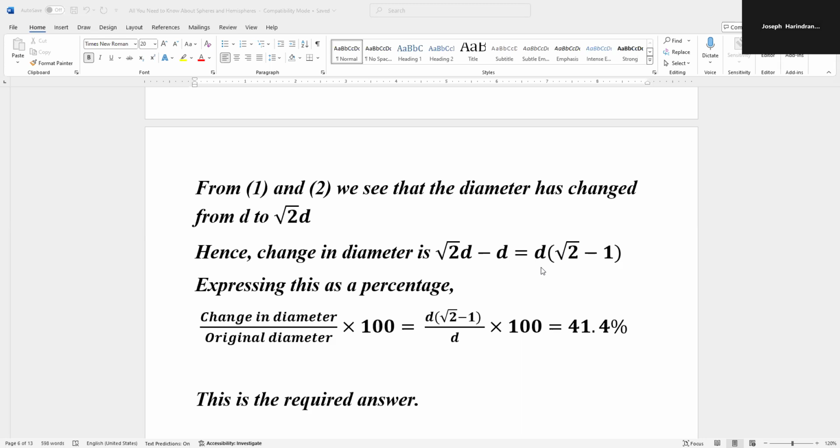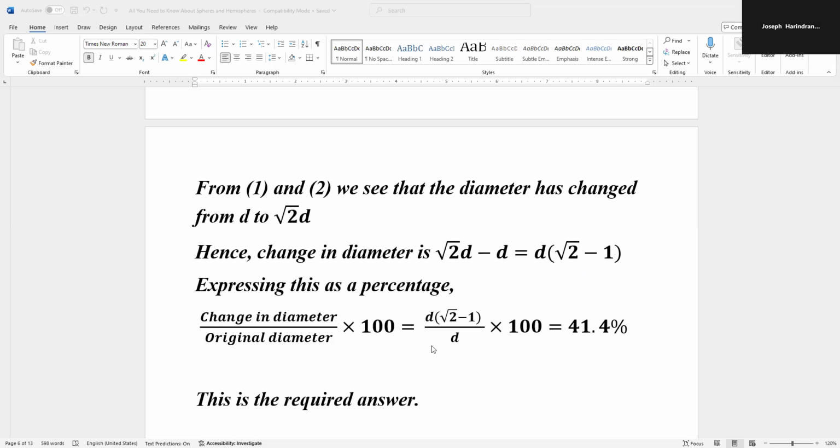Now we'll go to the second part of the question, expressing this change as a percentage. Change in the diameter by the original diameter into 100, because it's a percentage. We have to multiply by 100. That is equal to d into root 2 minus 1, this is the change in diameter, divided by the original diameter, which is d itself.